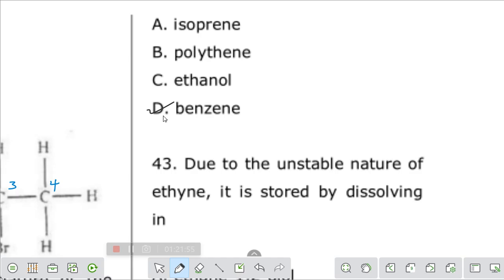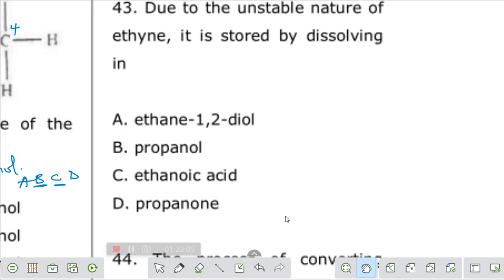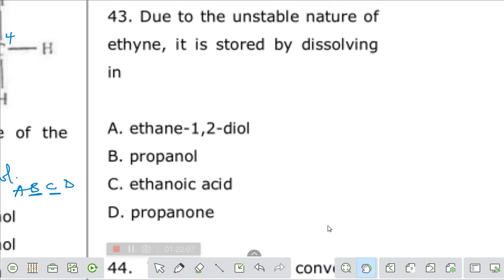Let's go to number 43. Due to the unstable nature of ethyne, it is stored in what? Where do we store ethyne? Ethyne is very, very reactive and it can even explode.